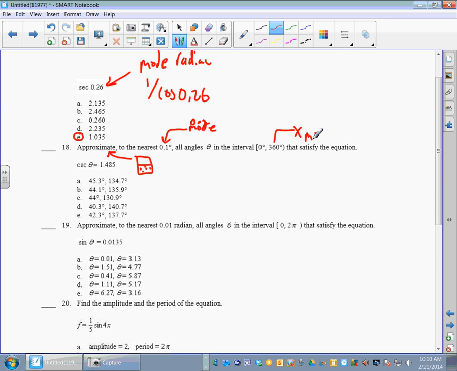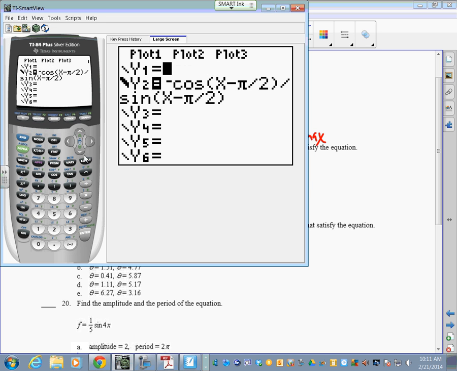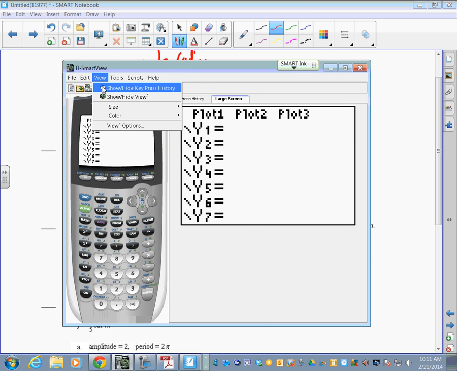X max. What's 0 tell you? X min. And usually the X scale is either pi over 2 or 90, so in this case it'll be 90. Clear. Y equals, figure all that out. View.